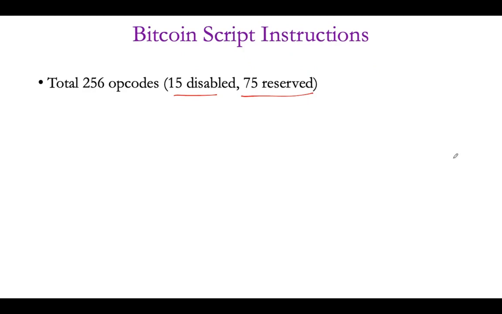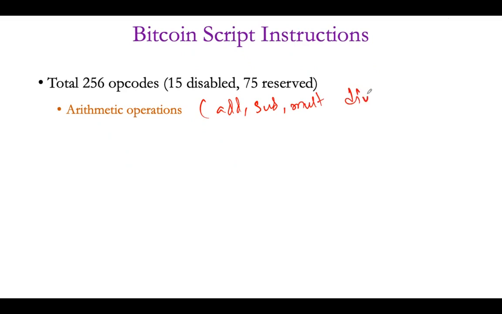So the remaining codes are basically used for your Bitcoin script instructions for the spending purpose. So what are those operation codes? Your arithmetic operations, that covers, as you know, addition, subtraction, multiplication, or division.